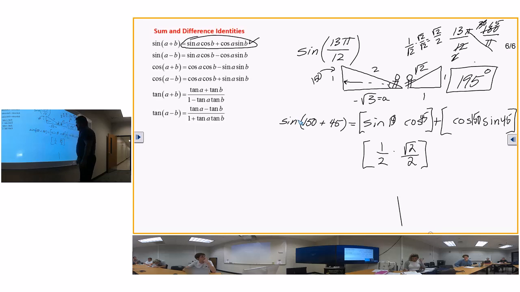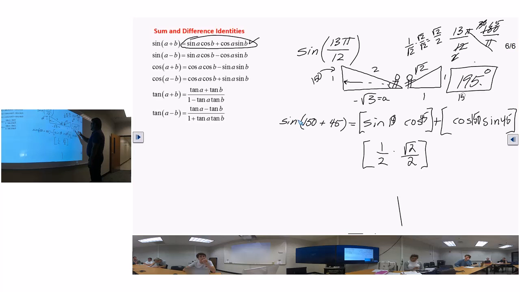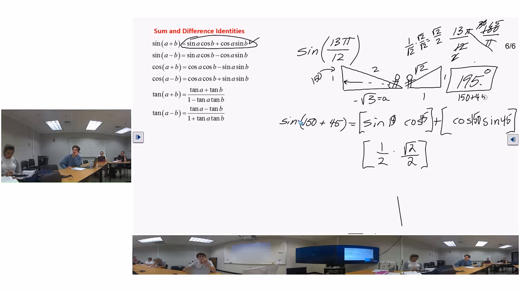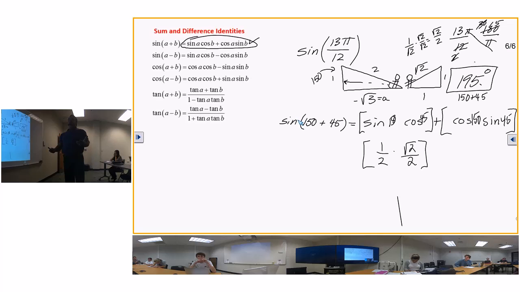How are we doing at Pendleton? How you feeling? You see where this is coming from? I understand what you're doing, but how do you get 150 and 45? That's equal to 195. I know it's equal to 195, but why'd you split it into 150 and 45? Because those are the two special angles. There's nothing else.